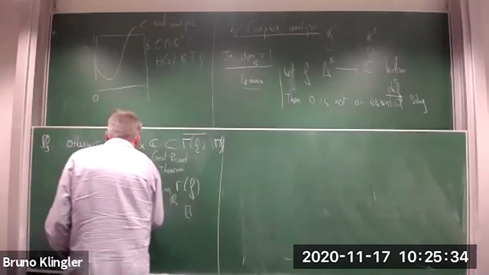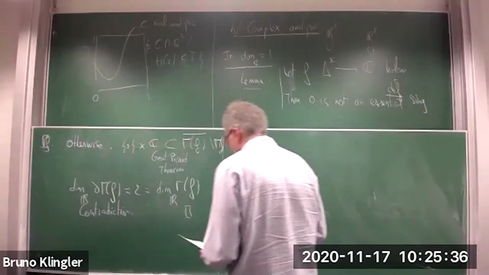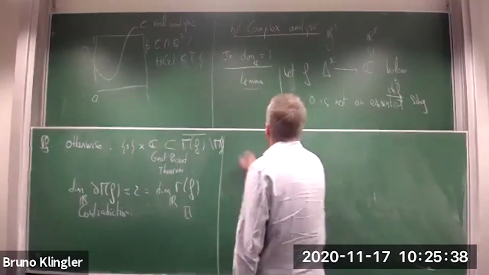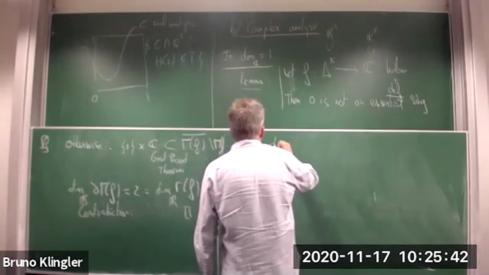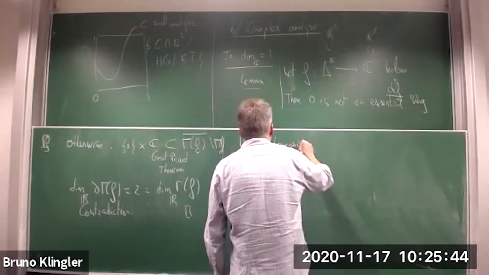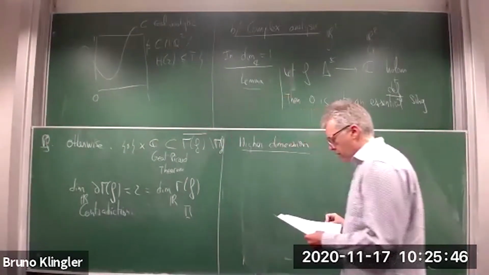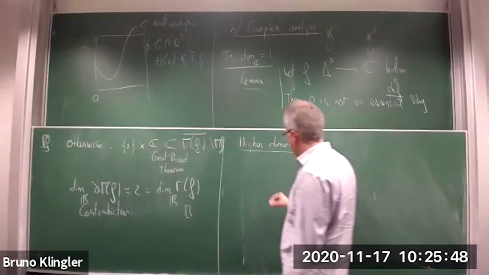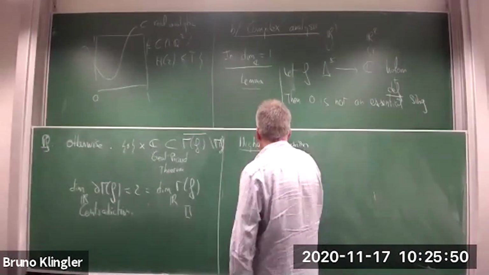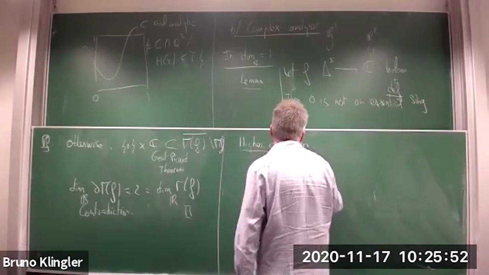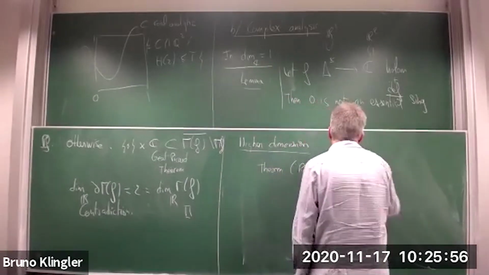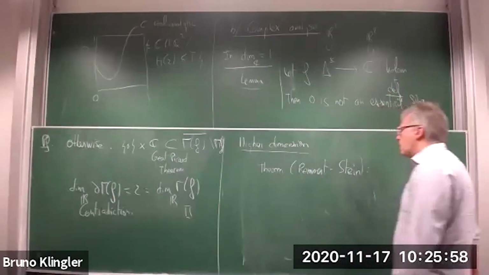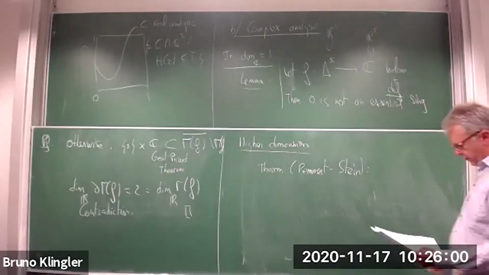Okay, so that gives you some feeling of what happens, and let's go to a higher dimension. And this we will really use. So in complex analysis, there is a classical theorem due to Remmert-Stein. That says the following. So suppose you are in the following situation.